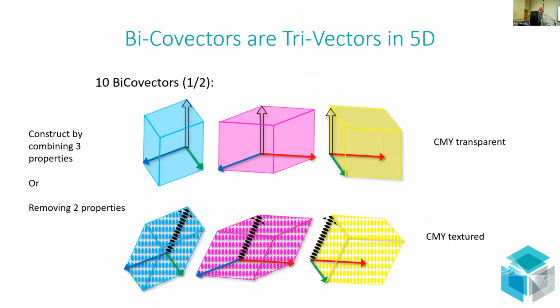And we can also construct the set of bi-covectors, the 3-vectors in 5D. We have 5 three-dimensional objects by combining 3 properties. These are the mixed, transparent colors: cyan transparent, magenta transparent, and yellow transparent. Or by removing 2 properties from the full volume, like a textured cyan, textured magenta, textured yellow.